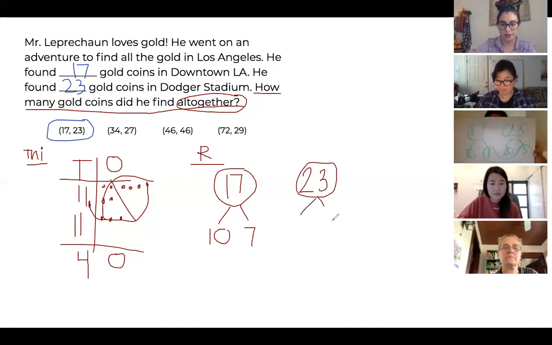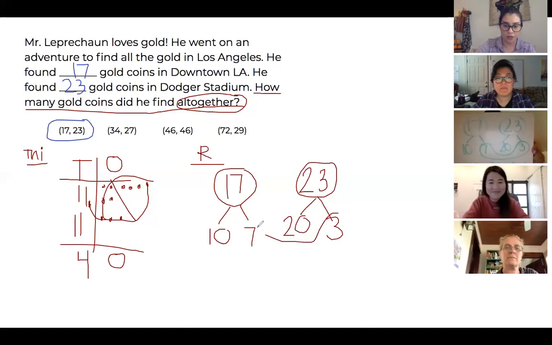Beautiful. All right, so you started with 17 and then you broke it apart and made 10 and 7 into friendlier numbers. Then you had 23 and broke it apart into friendly numbers as well, to 20 and 3. And then you saw that 7 and 3 make 10. So you put those together to make 10.